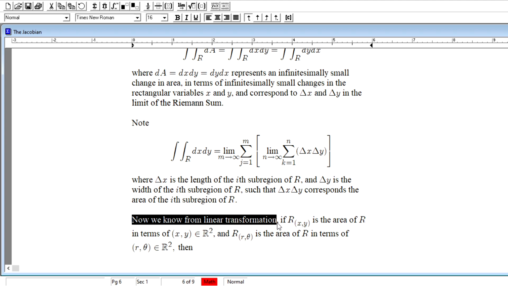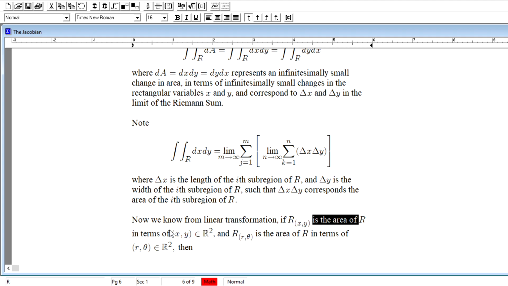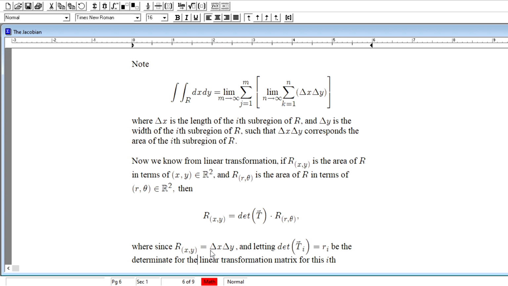Now, from the linear transformation, we know that if R of x comma y is the area of region R in terms of x and y, and R of r comma theta is the area of region R in terms of r comma theta, then the area of region R in terms of x and y must be the determinant of T bar, that transformation matrix, times the area of region R in terms of r and theta.